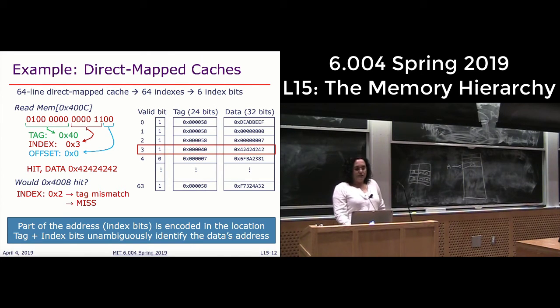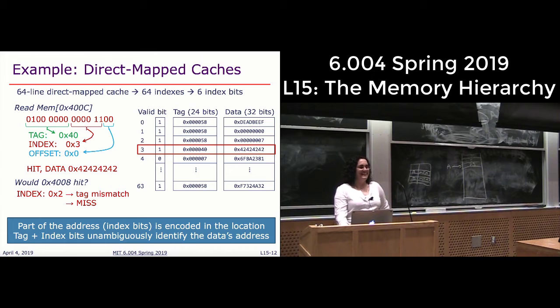So what am I going to do? The first thing is I look at this index. The index says index 3, which tells me that I'm looking at the line whose index is 3 in my cache. Now I'm going to compare the tag that's stored in that line with the tag of the address I'm actually trying to fetch from. In this case, do they match?